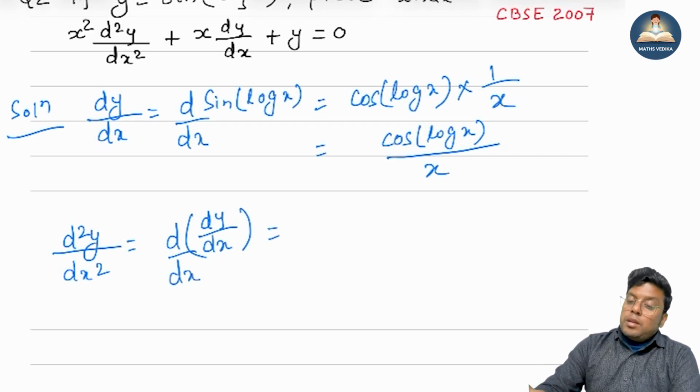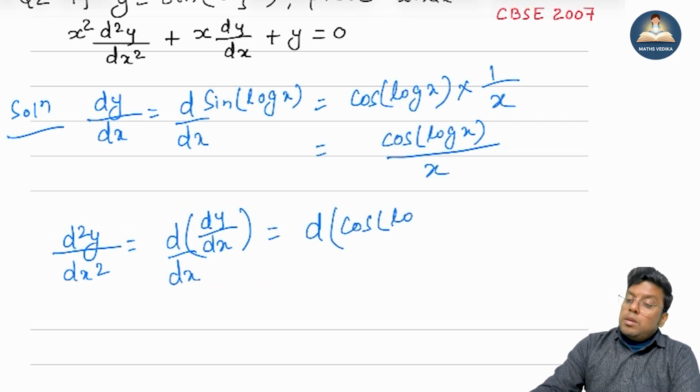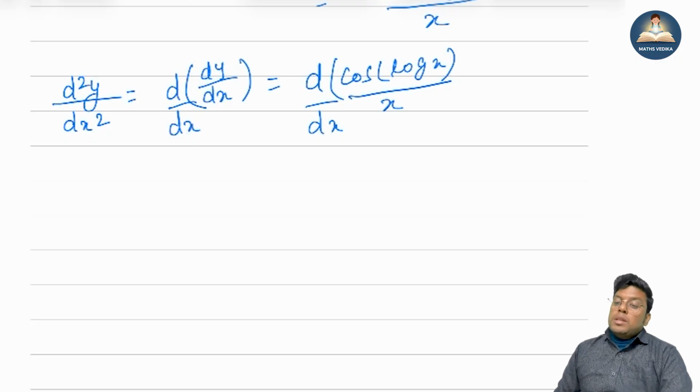Now let's find the value of d2y by dx square, which will be obtained by differentiating dy by dx one more time. So differentiation of dy by dx, which is cos log x by x, with respect to x. Let's apply the formula of differentiation of u by v.